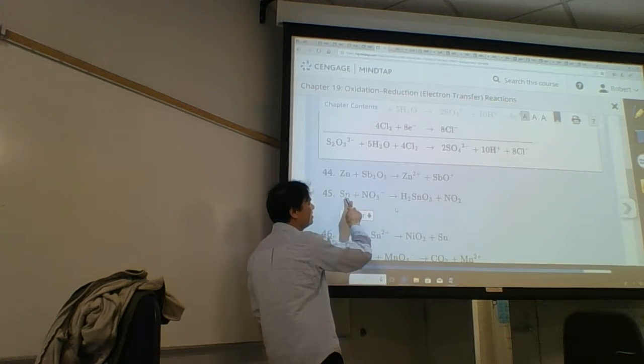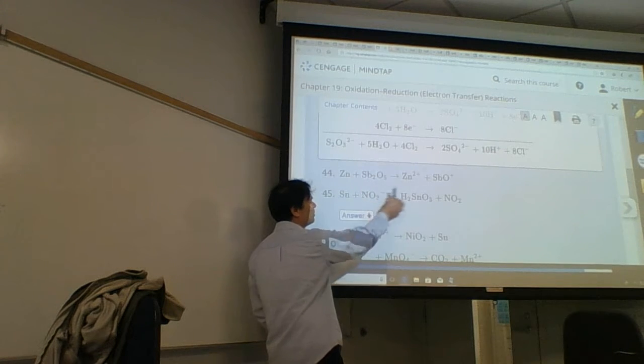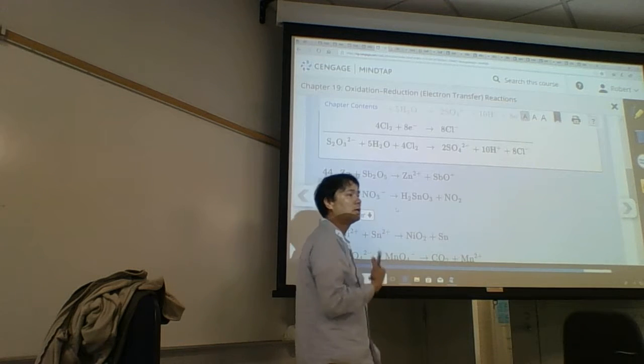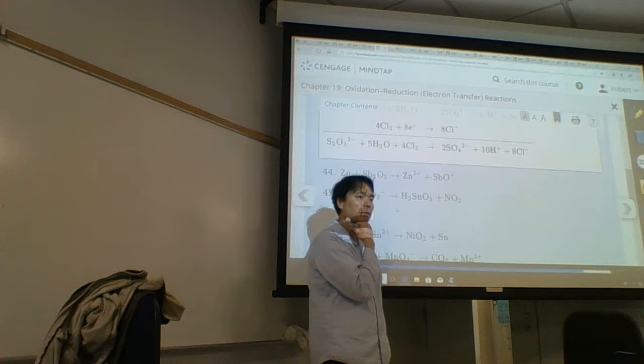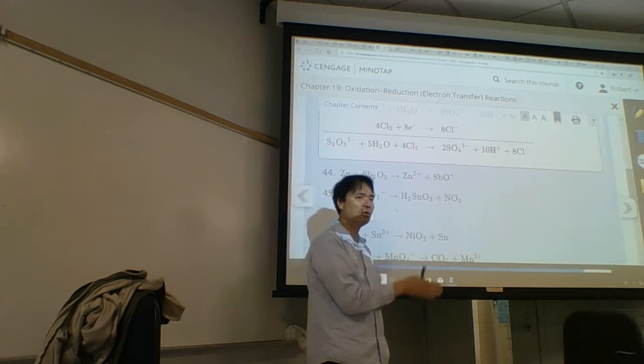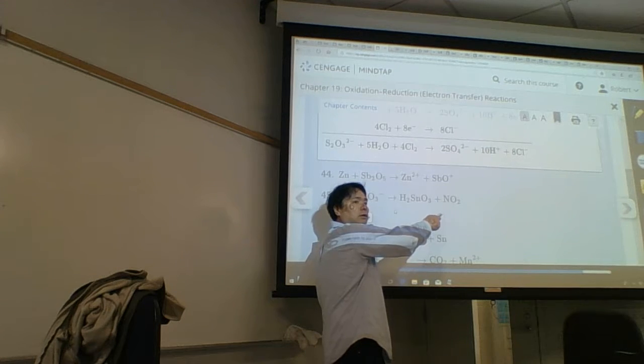And so we would have to use the half reaction method here, that is, balance all elements other than... we'd split it off. First we do tin to this. Is nitrate on the chart? Yes, nitrate's on the chart, right? But when you look at the chart, nitrate goes to NO. This is nitrate goes to NO2.